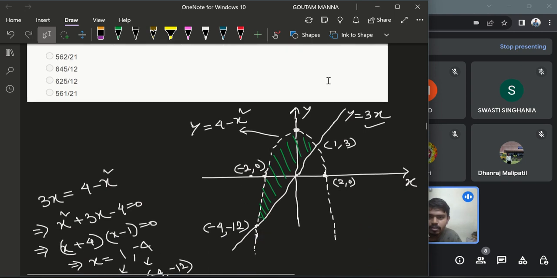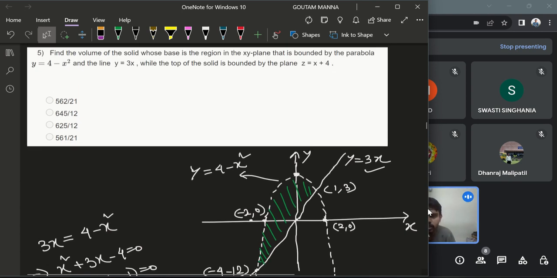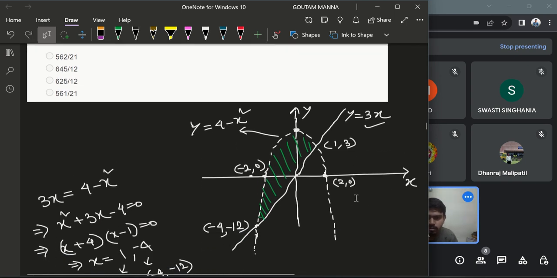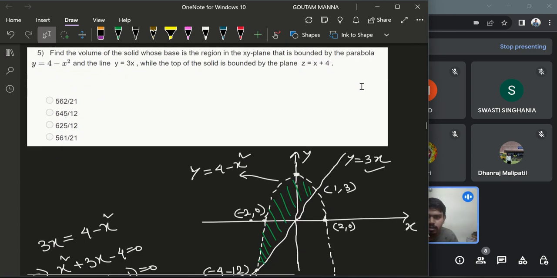Okay, and if I look at the plane, there will be a z axis which will be perpendicular to this plane, and the z coordinate will be x plus 4.